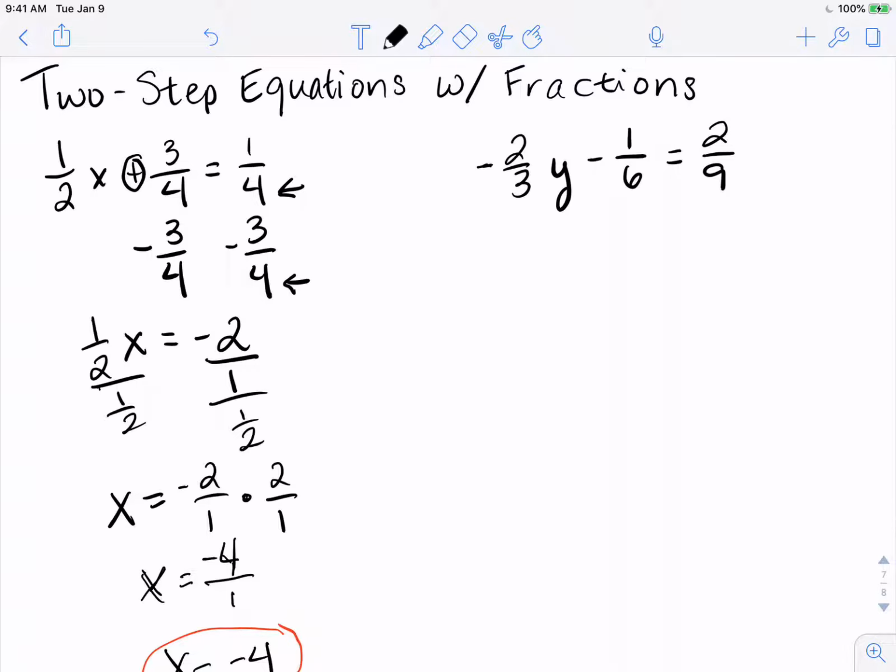Okay, last one. So we have -2/3 y minus 1/6 equals 2/9. So what's the first step? First, you add 1/6 to both sides. Now, 2/9 plus 1/6 do not have a common denominator. So we need a number that both 6 and 9 go into.